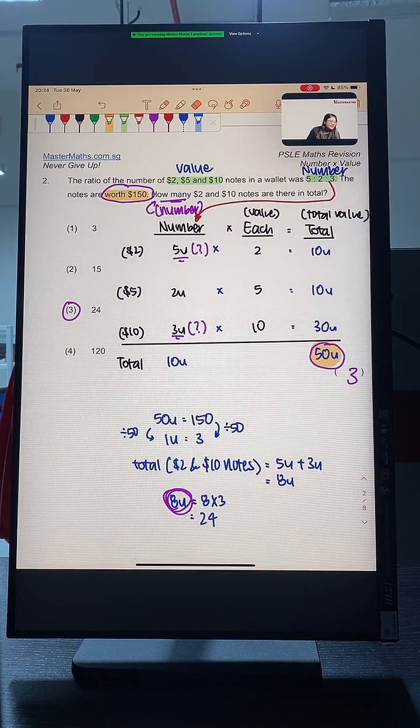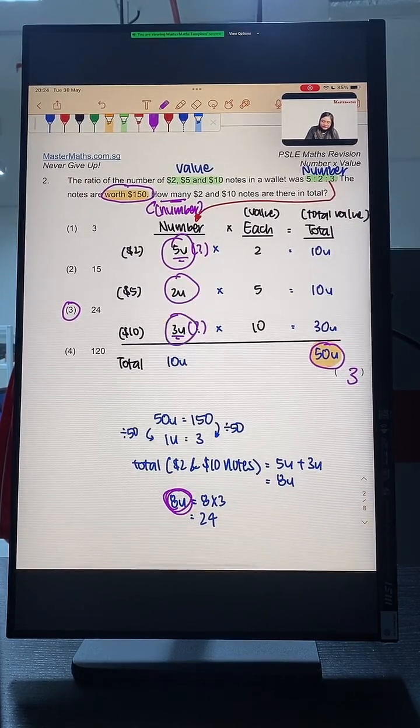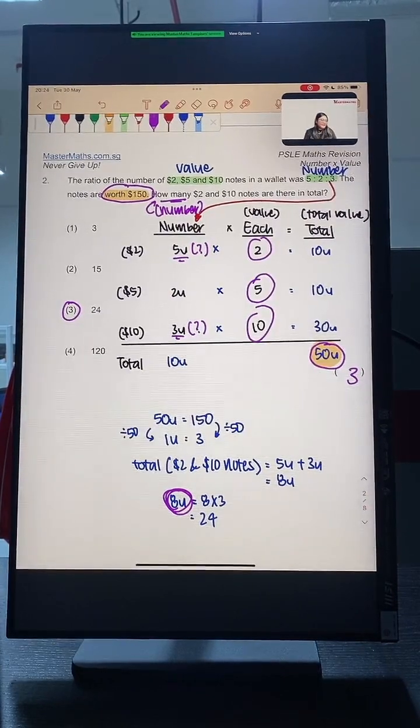Okay, so someone is asking me to explain one more time. No problem. I have the number of notes, 5:2:3. That's why I use units here. And then I have the value of the notes, $2, $5, $10. The question told us $2, $5, $10.